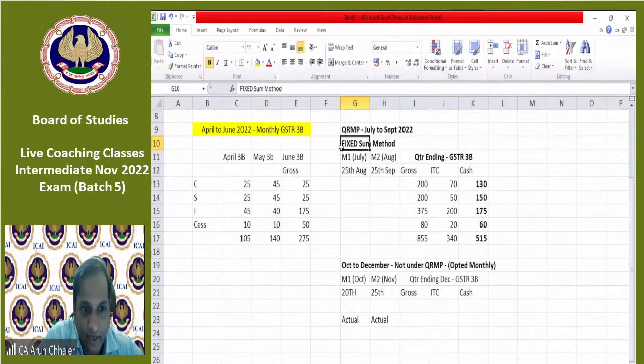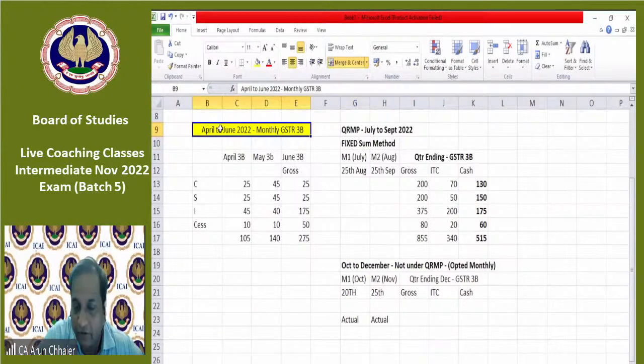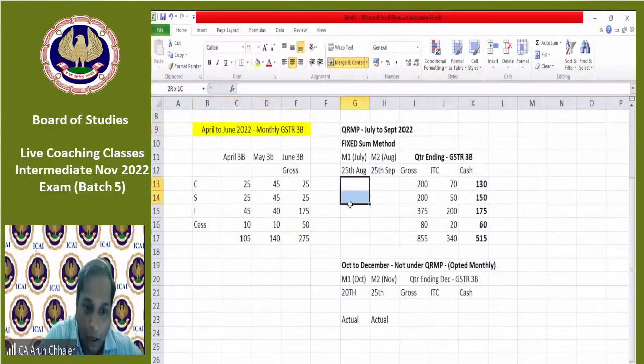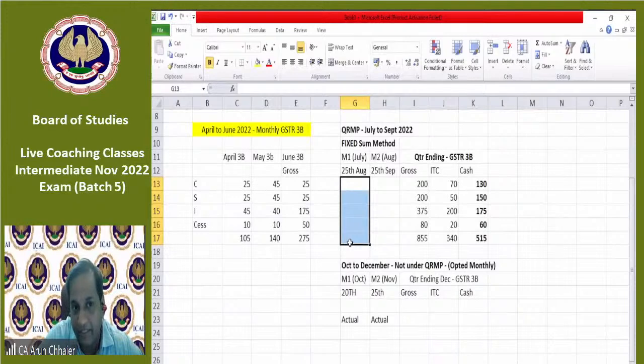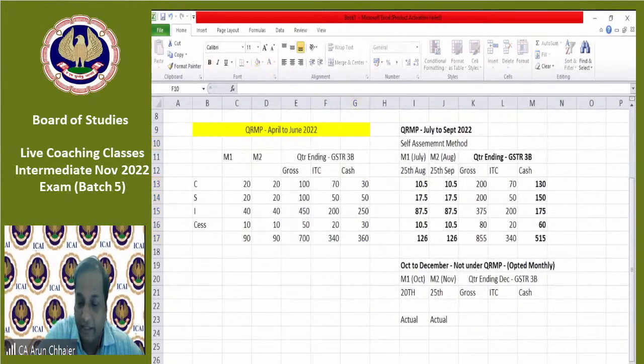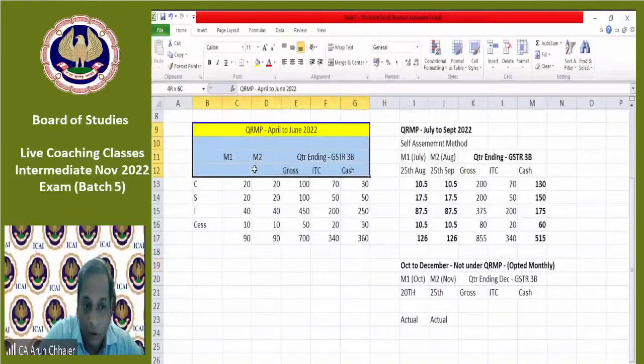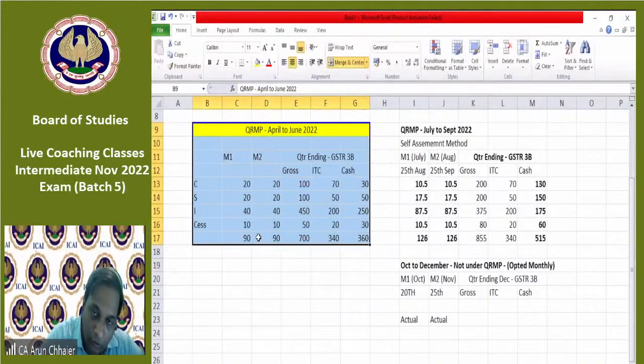Khushi, if I am opting the fixed sum method under this QRMP scheme, but the frequency of the last quarter was not QRMP, it was monthly 3B, then please tell me how much amount I will pay on 25th August. Khushi, the 35% method is applicable when you were under QRMP for the last quarter also.